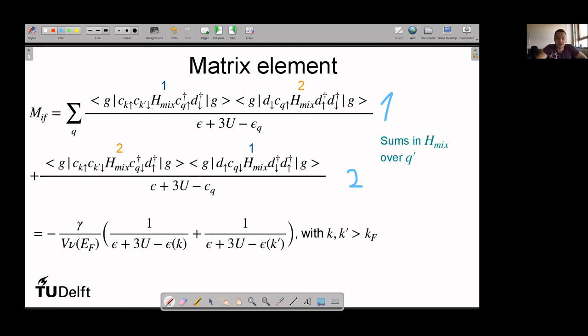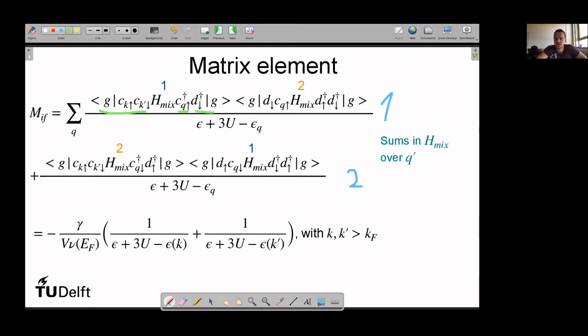Then, for example in the first expression, what do we have? Here we see the final state, 2 electrons at the metal, and the ground state that is mixed with 1 electron at the metal and 1 electron at the impurity. And again, the same thing here.